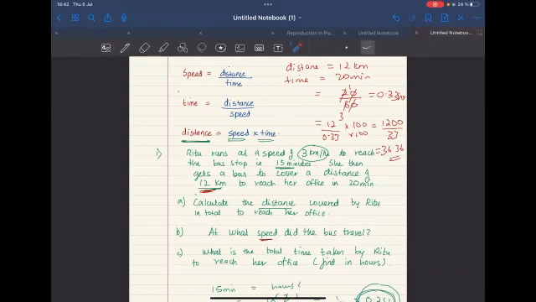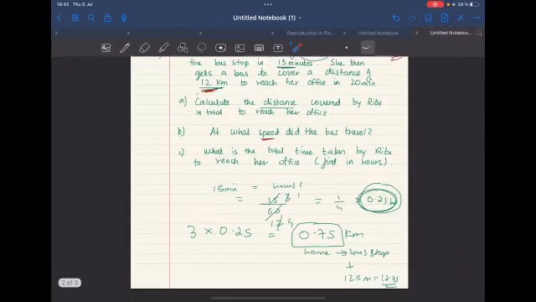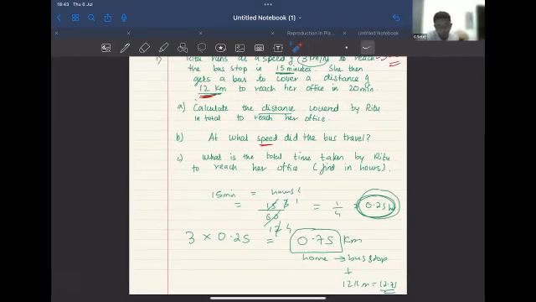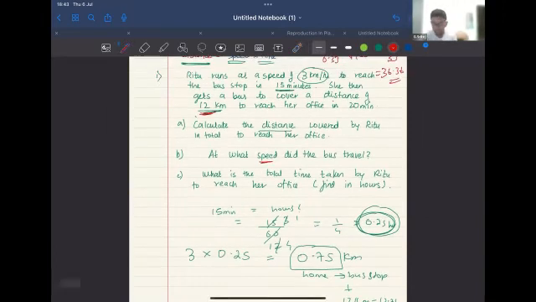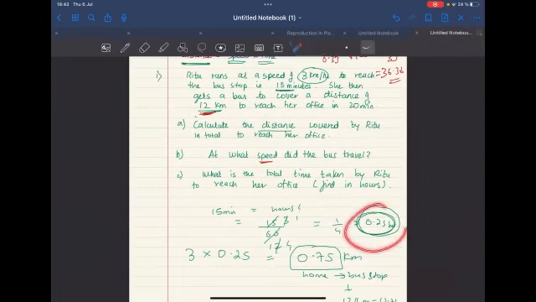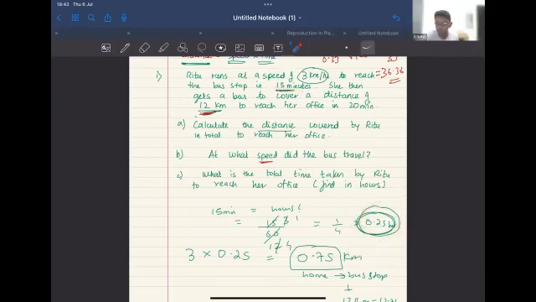Okay. Now, Sritej, read the third question. What is the total time taken by Ritu to reach her office? Find in hours. What did you get first when you converted 15 minutes into hours? 0.25.